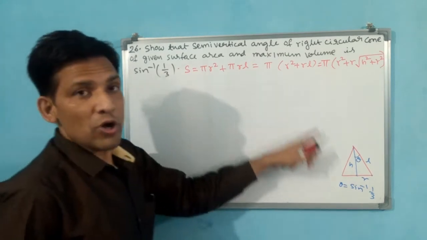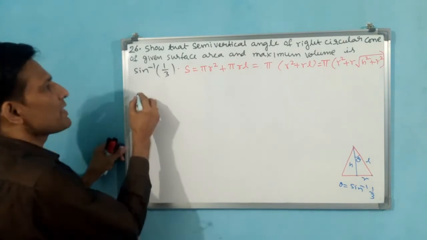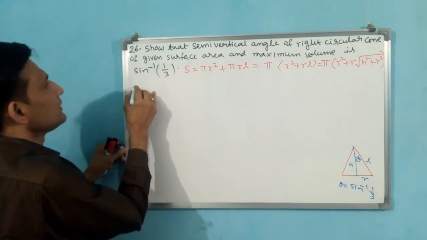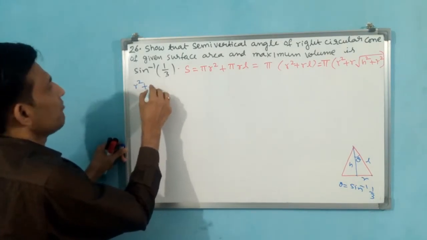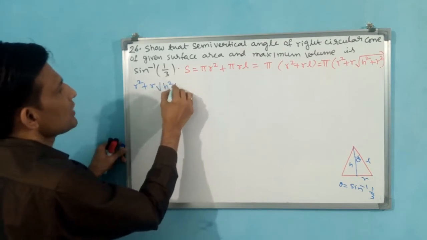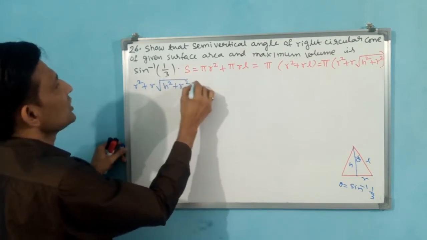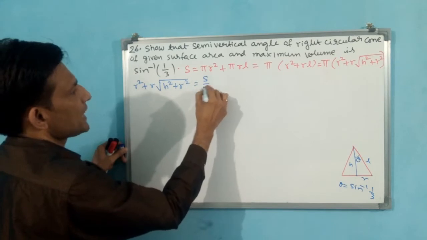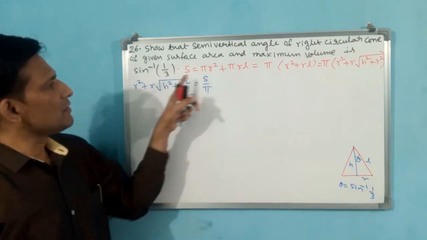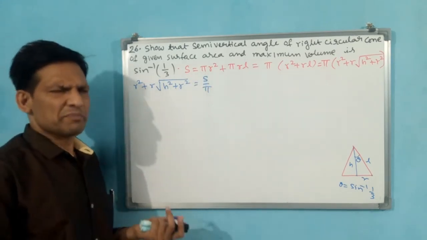See, from S only how to bring h. Observe carefully how I am bringing h. r square plus r into square root of h square plus r square is equal to S by pi. Now I have sent pi to this side, because pi is a constant.